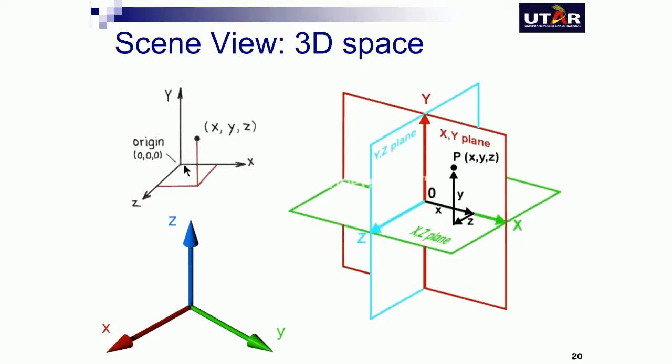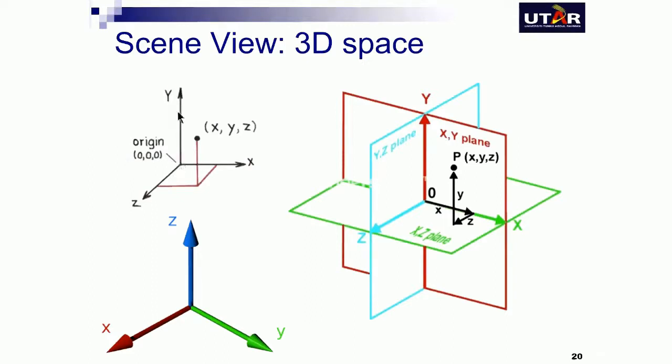Any given point in three-dimensional space will consist of three numbers: the x value, the y value, and the z value. This is the x value here, this is the z value here, and this is the y value here. To make it easier, you can think of x as right and left, y as top and bottom.